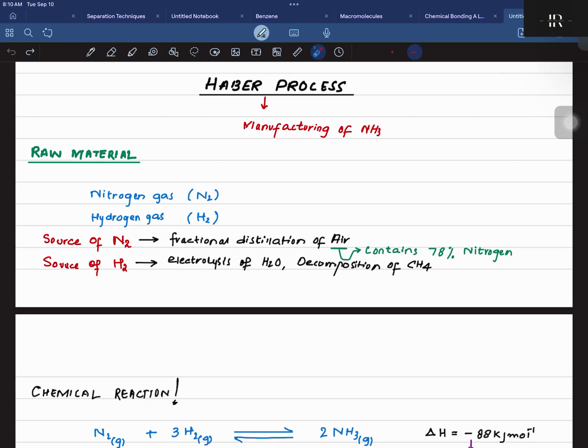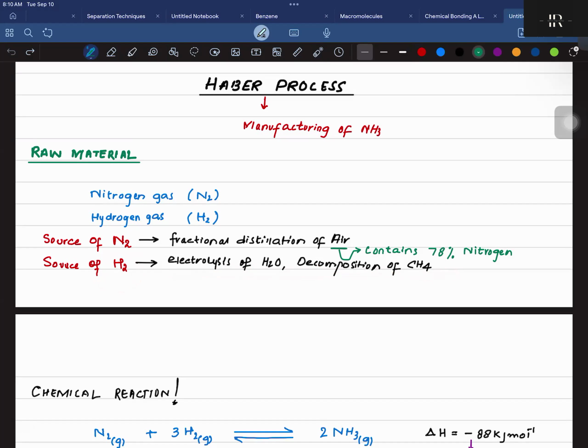The source of hydrogen is electrolysis of water and decomposition of CH4. There are two methods by which you can obtain hydrogen gas. The first one is electrolysis of water. Electrolysis means when you provide electricity to the compound, the compound is broken down into the respective elements, that are hydrogen and oxygen, right?